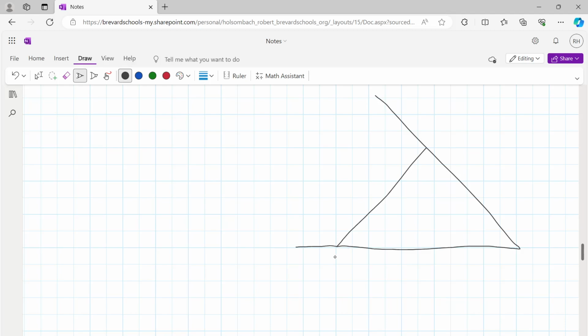So here's P, Q, and R. And then we're going to put kind of this V in here. And now this vertex right here, at the part of this V, that's actually a letter S.